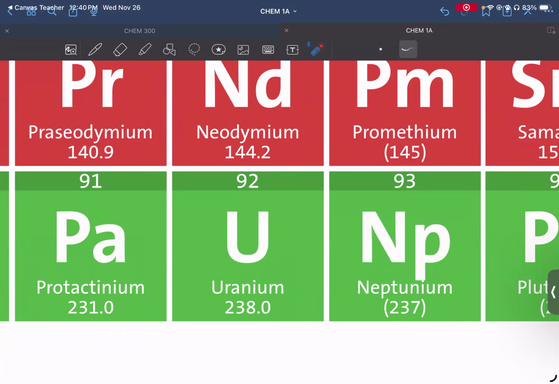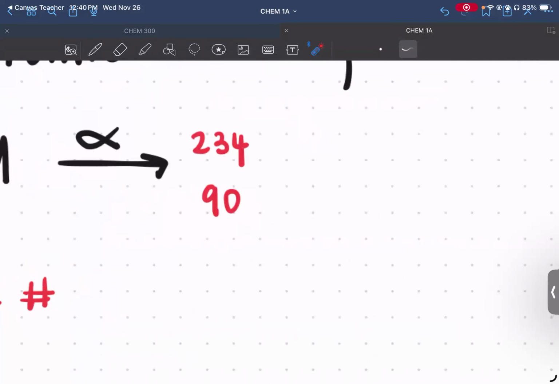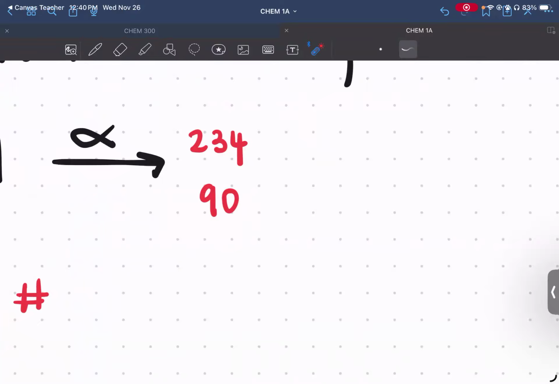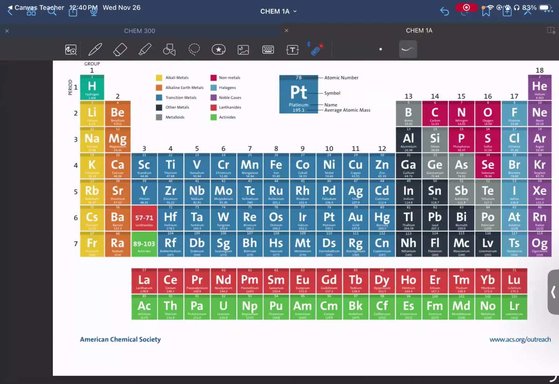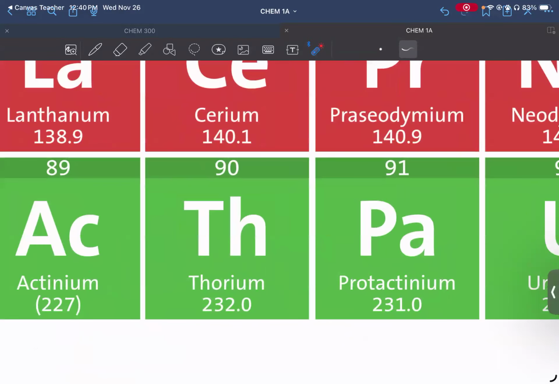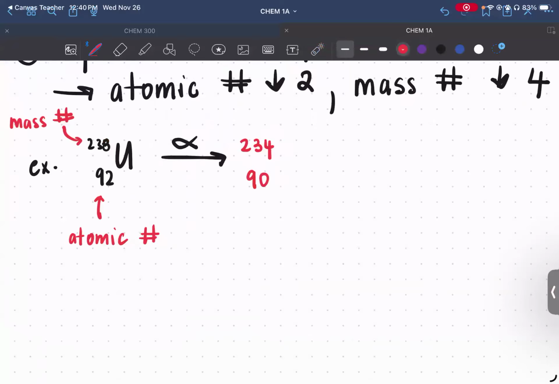Uranium is number 92, but we didn't form atomic number 92, did we? We, in fact, formed a different number. We formed 90. This is a completely different atom. Looking at the periodic table, recognize that atom number 90 is thorium. TH.